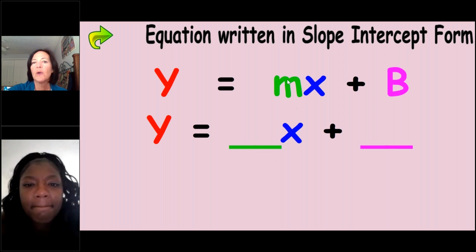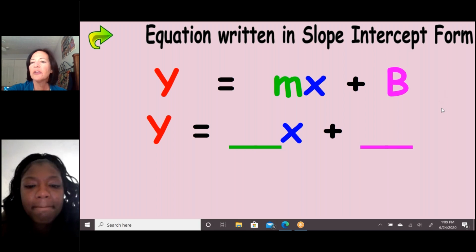So when we have an actual equation, m will be a number, and that number will be our slope or our rate for the problem. And b, the letter b, is also going to be replaced by a number if we have a linear equation or a linear relationship. That's going to be our y-intercept, or our starting point, or our beginning amount.